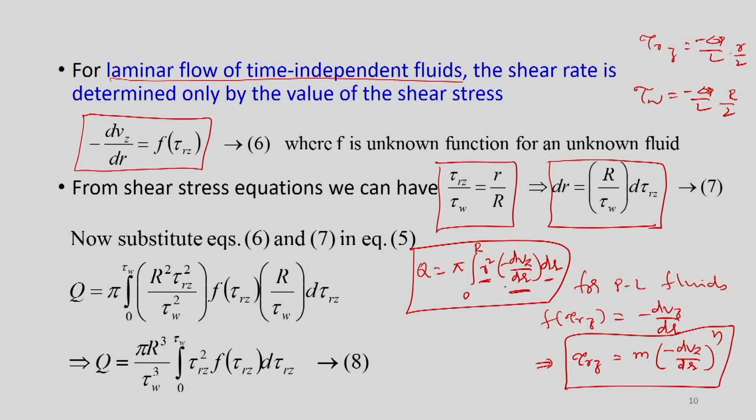Minus dvz by dr is nothing but f of tau rz. Then dr is, from equation 7, R by tau w d tau rz.